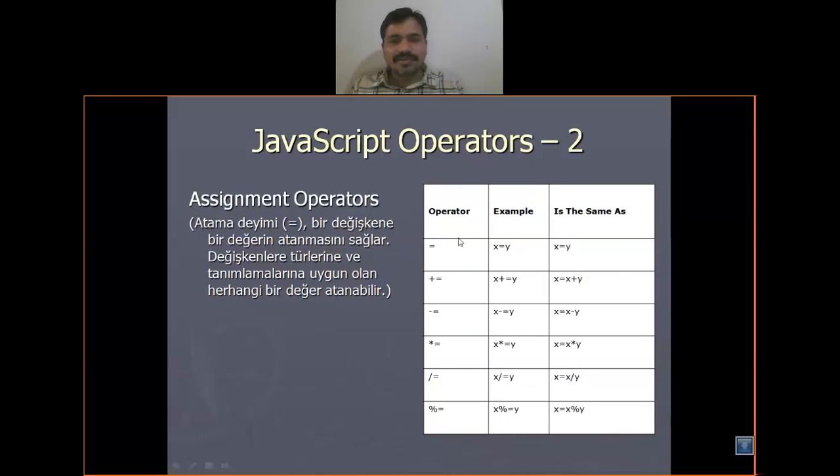Assignment operators: if we want to give a comparison, a double equal sign is required. Then I write plus equal, same as x equal to x plus y; minus equal, x equal to x minus y; multiplication, x multiply equal to y, x equal to x multiply y.